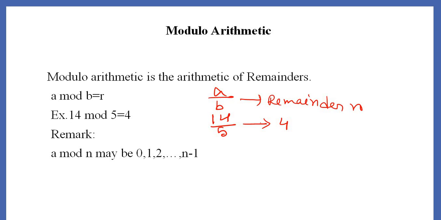One thing you have to remember here: A mod n may be 0, 1, 2 up to n minus 1. That means the remainder is always less than the divisor.